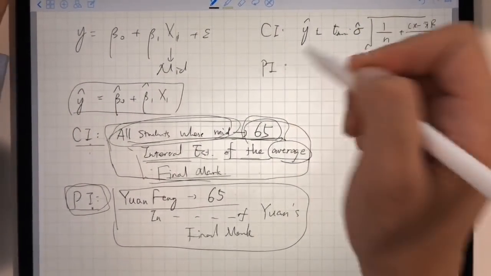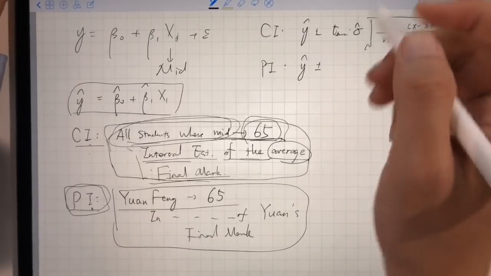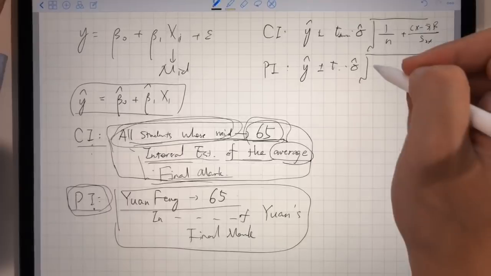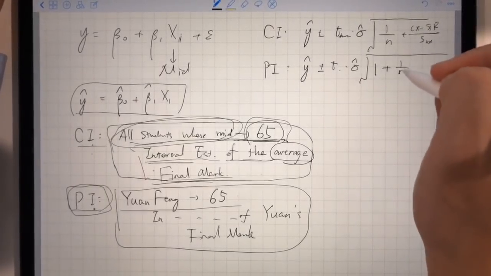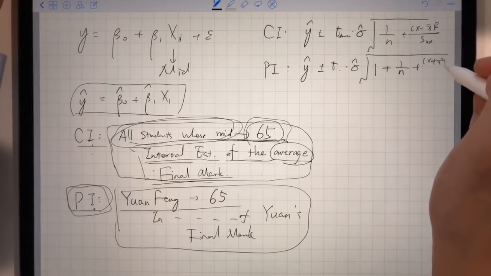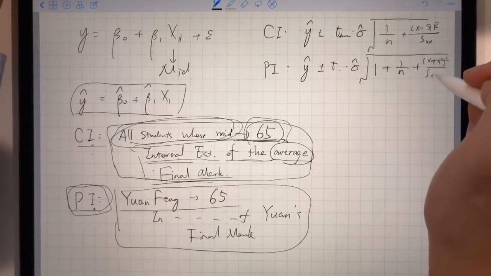But PI is a little bit different. The formula is y hat plus or minus t times sigma hat times the square root of 1 plus 1 over n plus (x minus x bar) squared divided by Sxx.